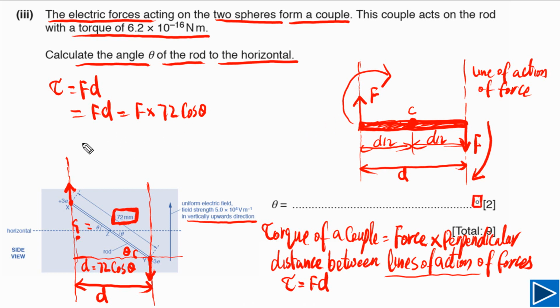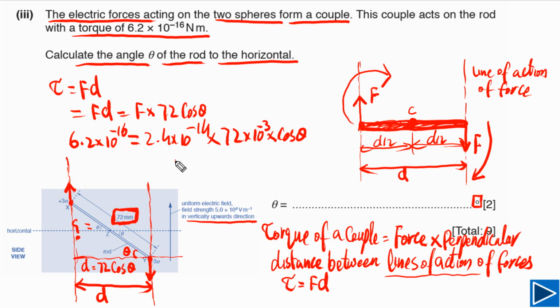The value of force we have already calculated, and that value is equal to 2.4 times 10 to the negative 14, and 72, as this is given in millimeters, we have to multiply by 10 to the negative 3, and this is cosine of theta. Tau is also given, the value of tau is 6.2 times 10 to the negative 16. Now if we simply solve for the angle, the value of the angle will be 69, and this is our final answer.